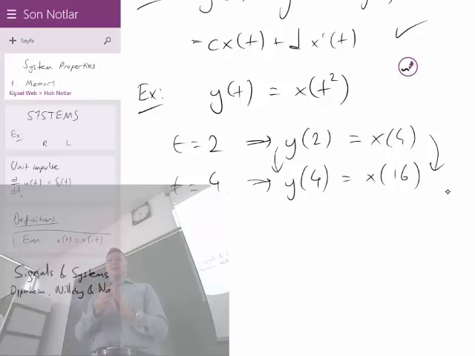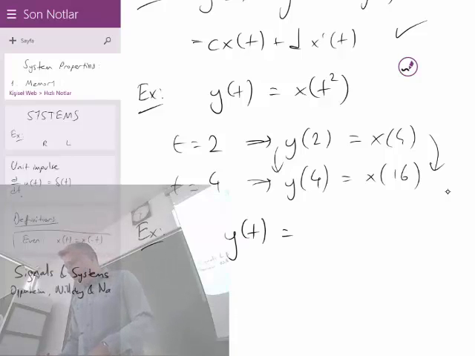As a matter of fact, if t is in an awkward situation like t squared, or if t is outside of, not inside of x of t, like this, y of t is equal to t times x of t, this clearly depends on time, right? It is not time invariant. It varies with time.